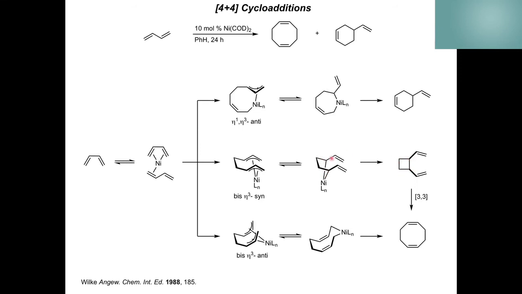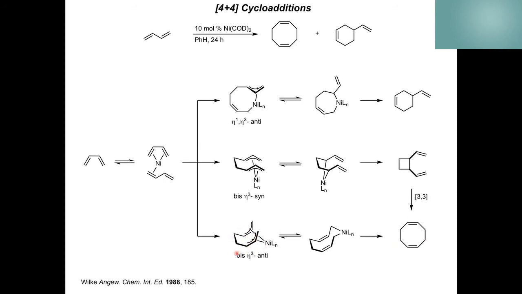Because this is a syn relationship of these two vinyl groups, this perfectly sets up a pretty rapid 3,3 ring opening, promoted by the release of ring strain of that cyclobutane, to form the octadiene.